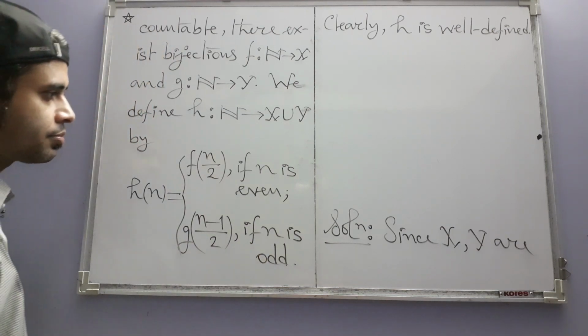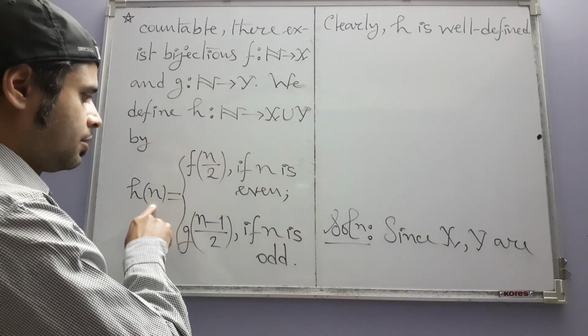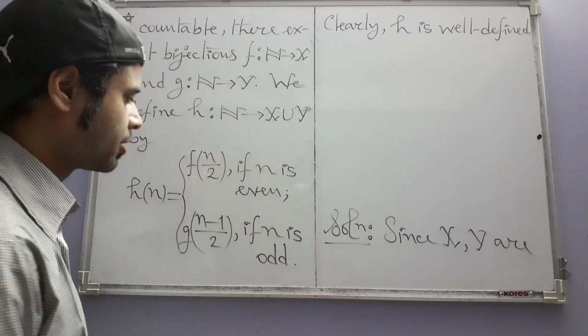Is it the case here? Let us see. Say we have chosen an input n. So n is either even or odd, and of course not both simultaneously.